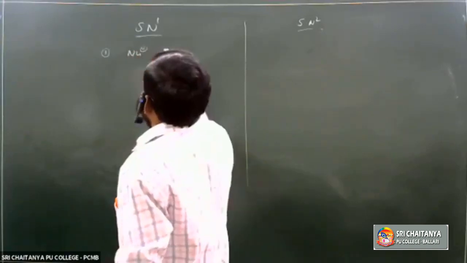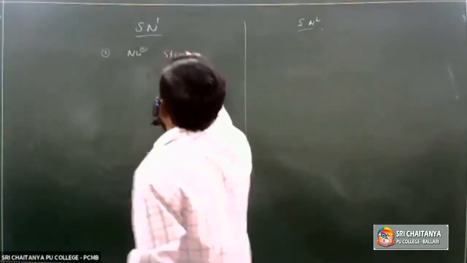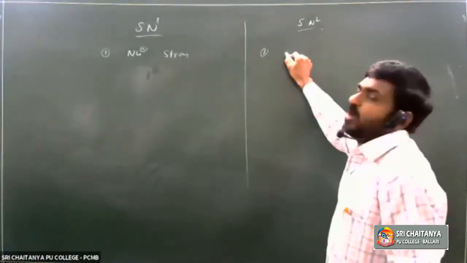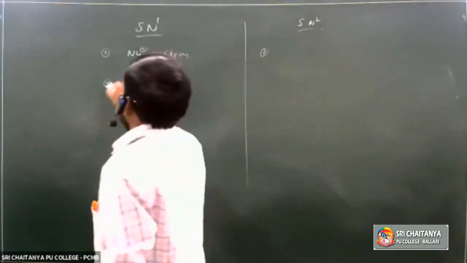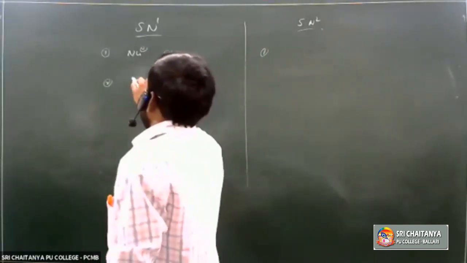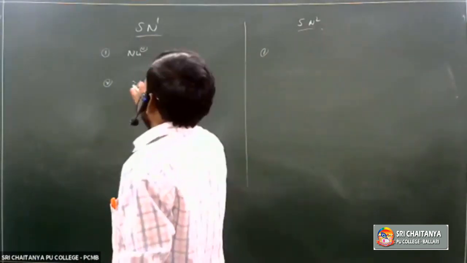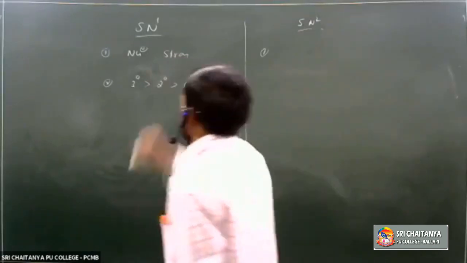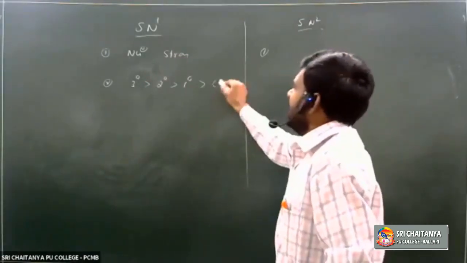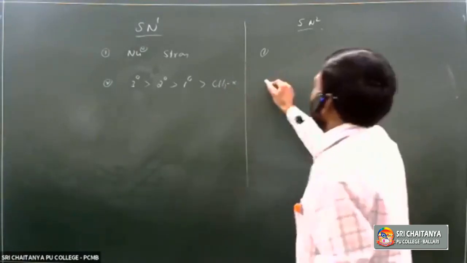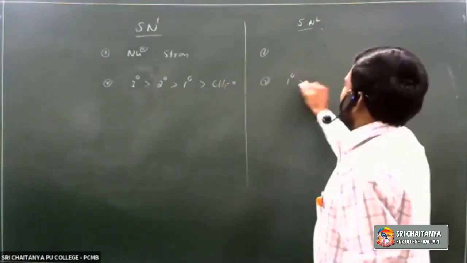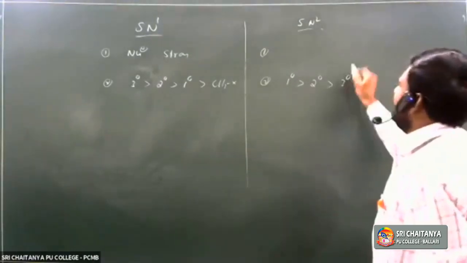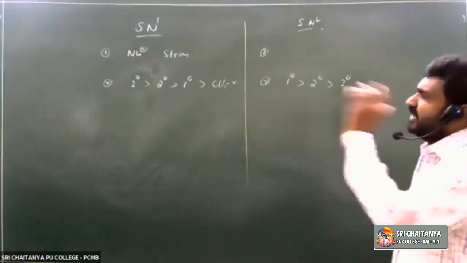For SN2, a strong nucleophile is required; for SN1, the strength of the nucleophile is unimportant. Second, reactivity order. In SN1, tertiary alkyl halides are more reactive than secondary, then primary, then methyl halides. In SN2, primary alkyl halides are more reactive than secondary, than tertiary alkyl halides.